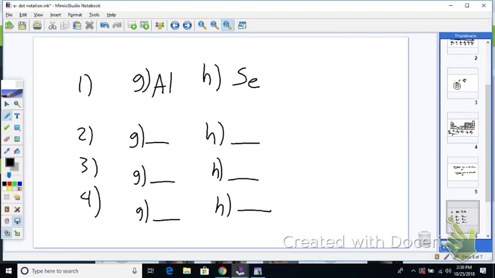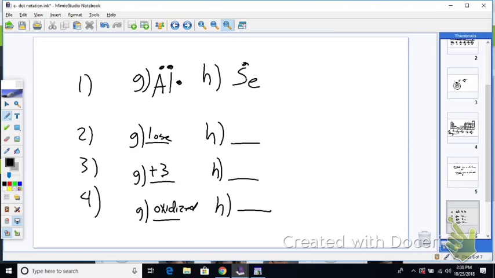So aluminum has how many dots? 3. It will tend to lose. It will tend to have a charge of plus 3. And it will be what? Oxidized.